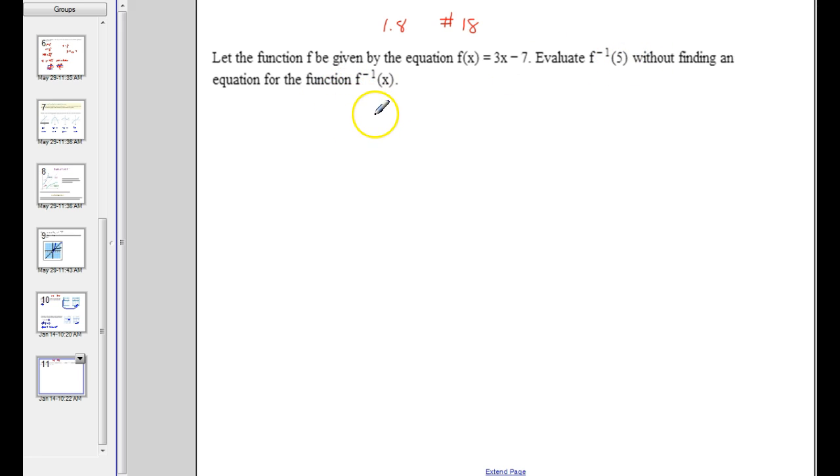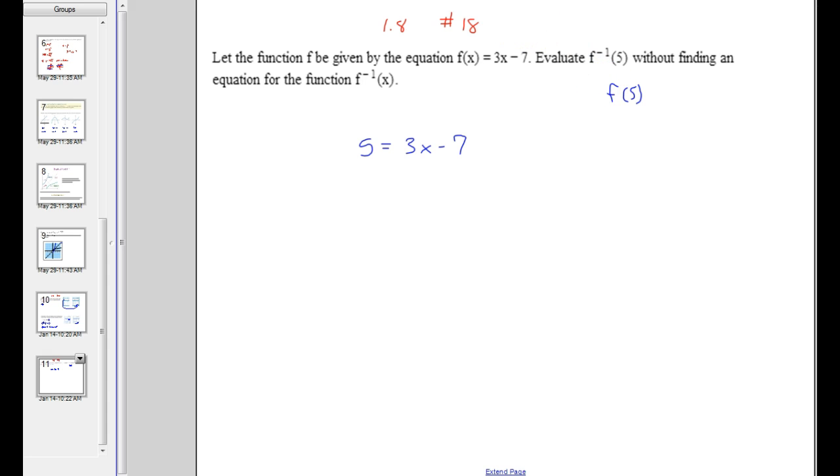Okay, so you could find the equation to find that, obviously, but if you're being told to do it without that, remember, what we're being asked to do here is figure out what x value makes 3x minus 7 equal 5. It's like saying, remember, f of 5 means plug 5 in for x. F inverse of 5 means what value of x makes f of x 5.